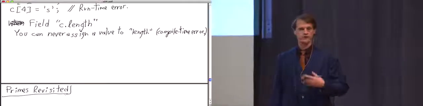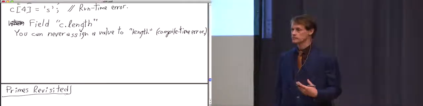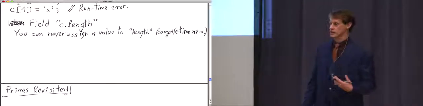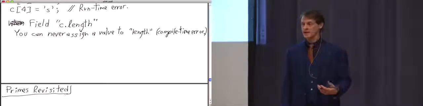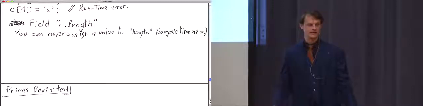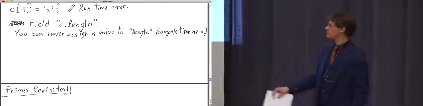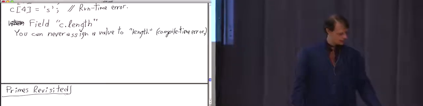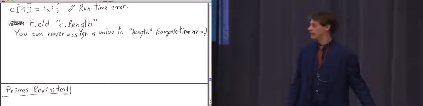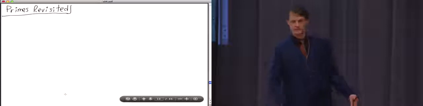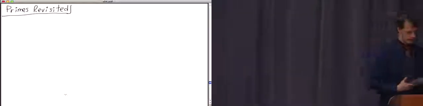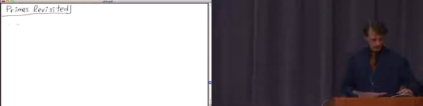For each prime, you have to go through all the possible divisors and make sure that none of them divide the prime. That actually comes out to be really slow if you want to find, say, all the prime numbers from 1 to a billion. It's going to be too slow. Here's an algorithm that's fast enough that you can figure out the primes from 2 to a billion with a decent computer and a little bit of patience.